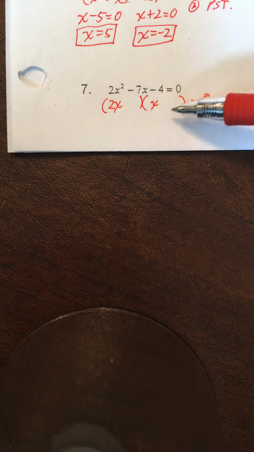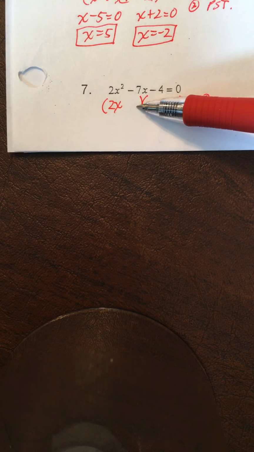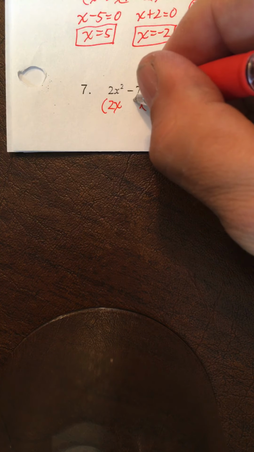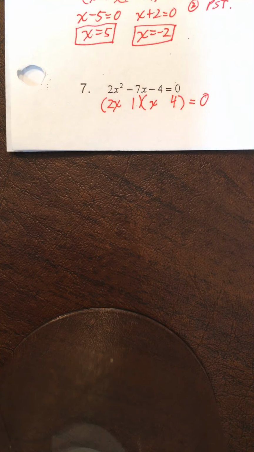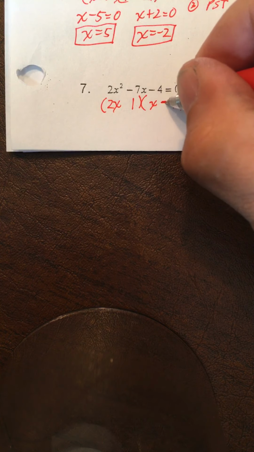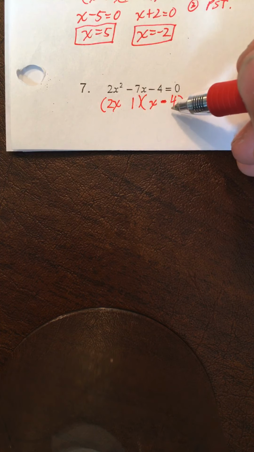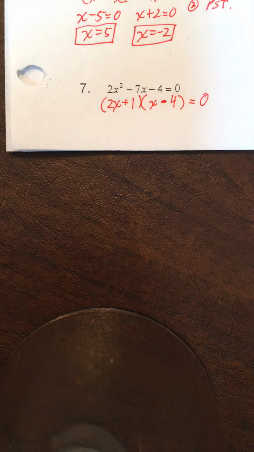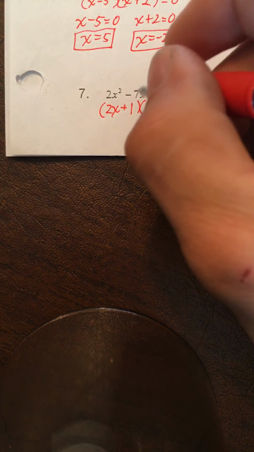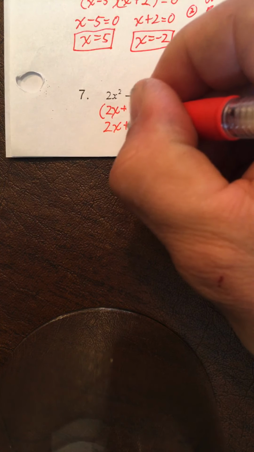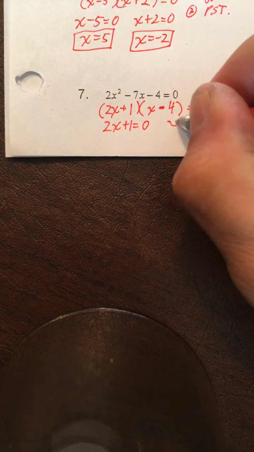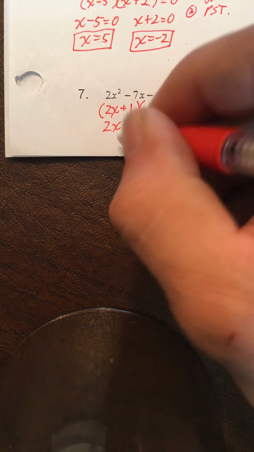So I can go a 1 and a 4, or a 4 and a 1. The combination I'm looking for here is a 1 and a 4, because if I make this negative, I get a -8 on the outside, a +1 on the inside, and now I'm ready to set my factors equal to 0 and solve.